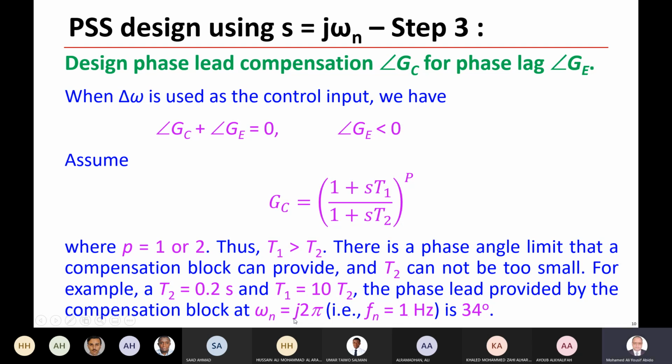So omega n here equals 2 pi, which is 6.28. What we want to say here is that each block is limited in its angle. If you need more angle, you can easily add another block here. This could be 2, or you have different time constants here.